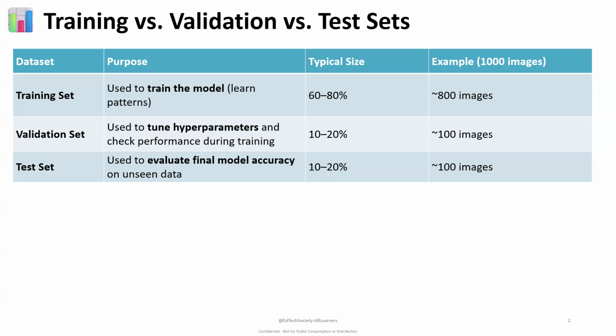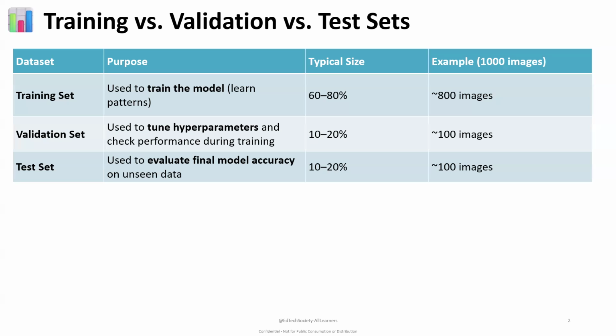That is called the validation data set or validation set. And typically out of 1,000 images, you will have 100 images in the validation set, by which you do this validation testing, using a benchmark data set. And another is the test set, to evaluate the final model accuracy.